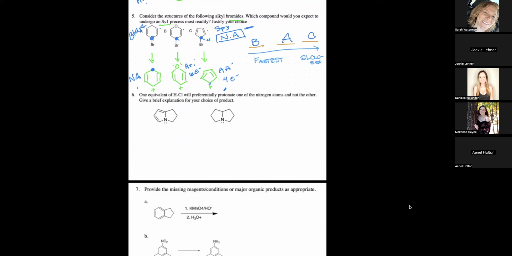Number 6 says one equivalent of HCl will preferentially protonate one of the nitrogen atoms and not the other. Give a brief explanation of your choice of product. Protonate means it's going to add a hydrogen to it. So we draw the structure with our hydrogen here, and for this one, same deal.